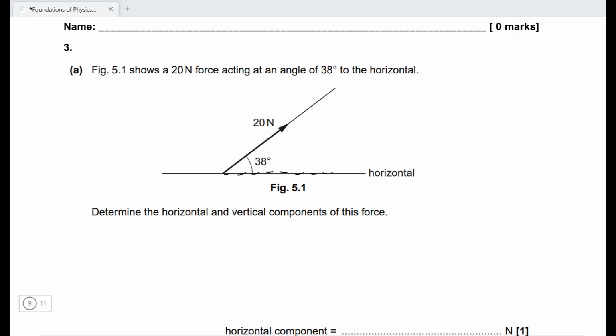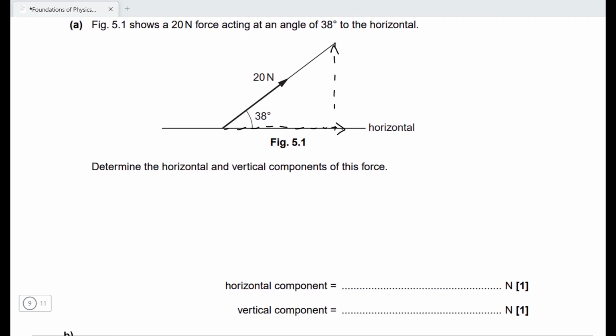Okay, so this will be one of the components. We'll also have a vertical component. The horizontal component will be given, so I'm going to write x for the horizontal one just here. This will just be 20 because that's the adjacent component.